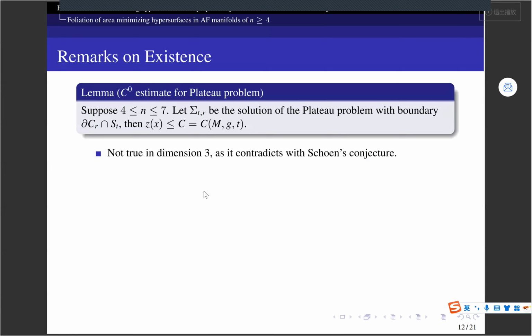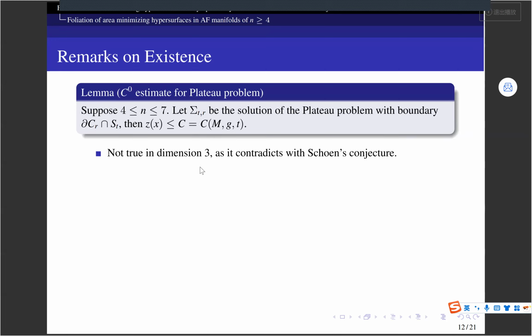Lastly, let me give some comments on the existence. Why does the hypersurface Sigma_t exist when the dimension n is greater than or equal to 4? This is because of a C0 estimate lemma, where we let Sigma_{t,R} be the solution of the Plateau problem with boundary that is the intersection of the hyperplane of height t and the cylinder of radius R, and we aim to show a C0 estimate for the graph function of Sigma_{t,R}.